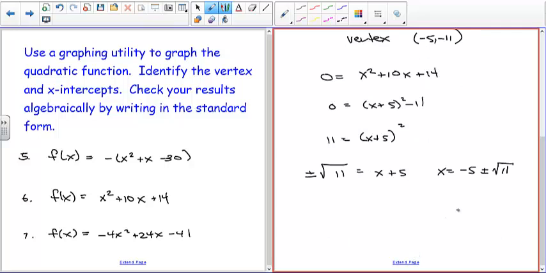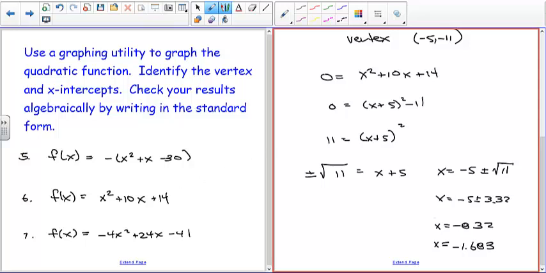And if we find the decimal equivalent, the square root of 11 is 3.32. So if we subtract it, we'll get negative 8.32. The second one is negative 5 plus 3.32, so it's going to be negative 1.683.